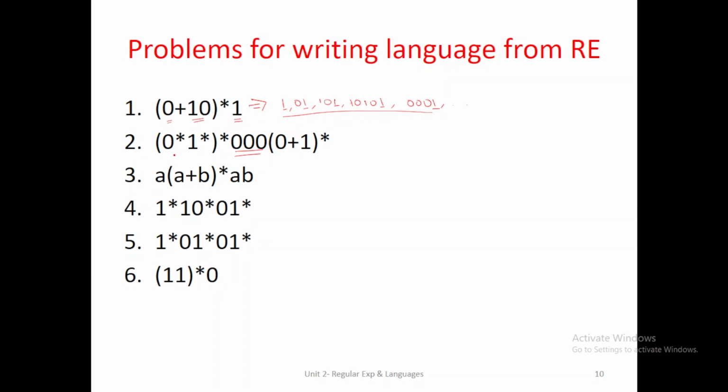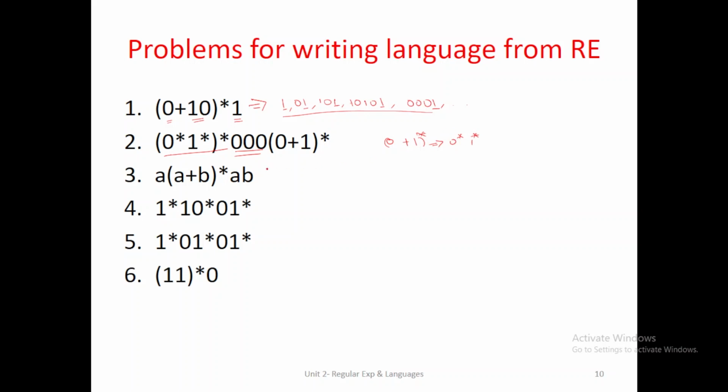In the second problem, the regular expression is given as (0*1*)*, which means that 0 may occur many times or 1 may occur many times, and it is whole star. So (0+1)* can be written as (0*1*)*, and whole star means it can occur so many times.